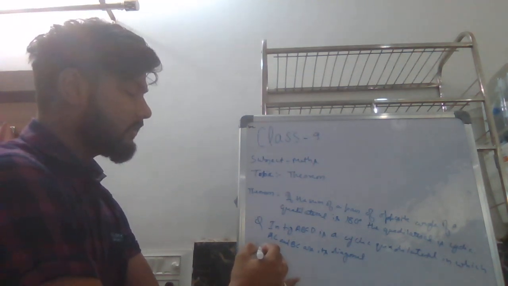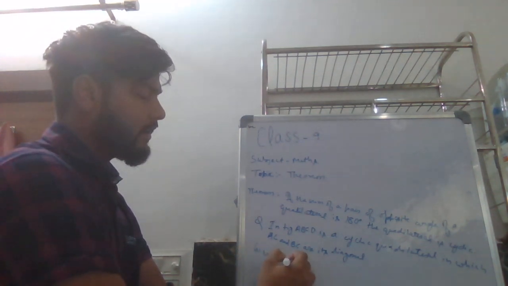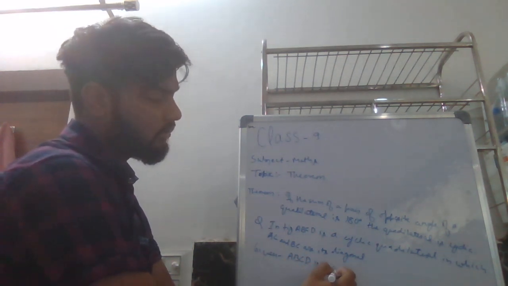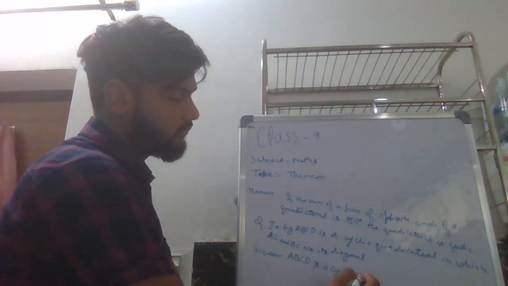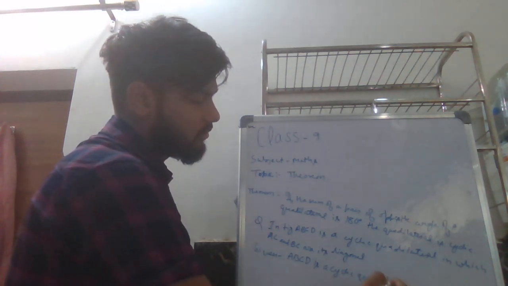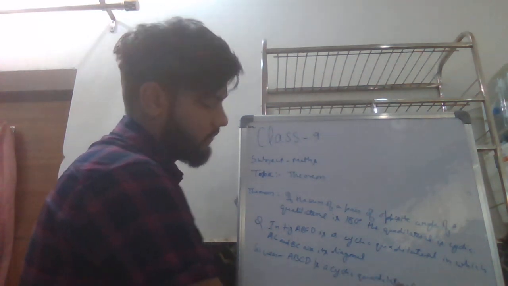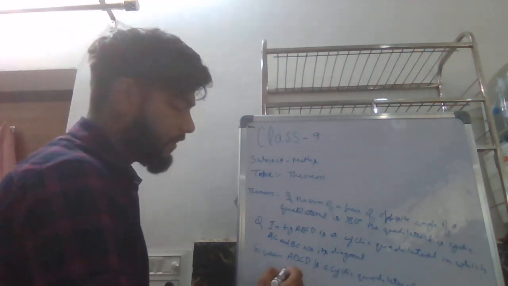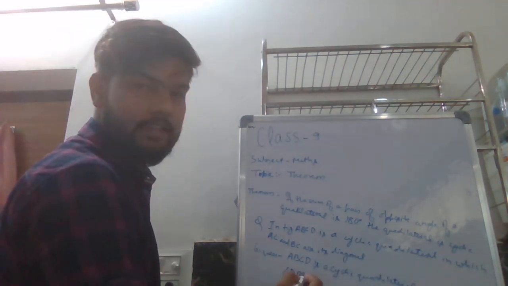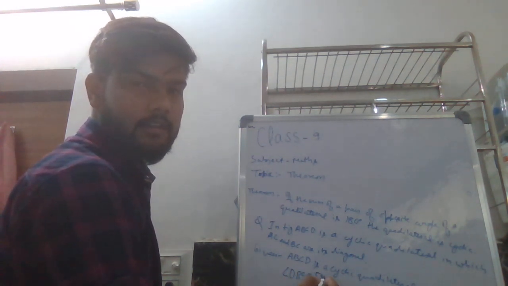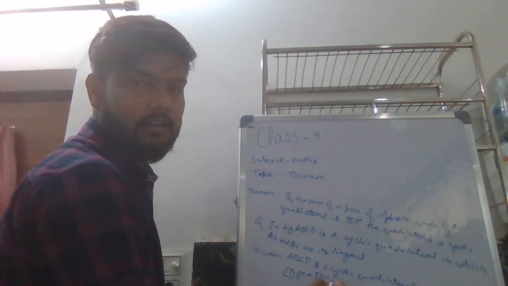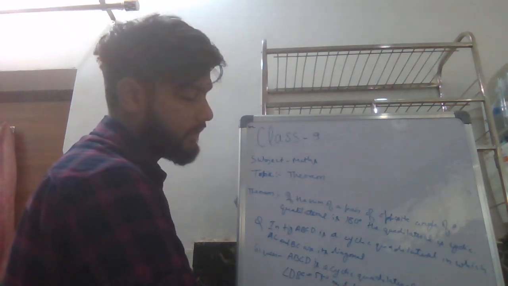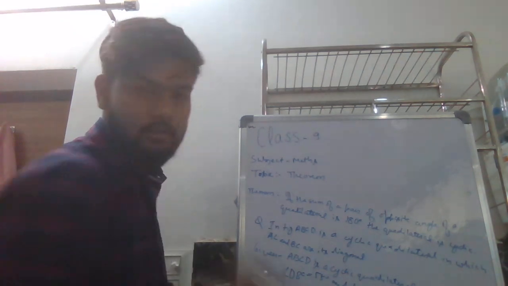Given: ABCD is a cyclic quadrilateral, angle DBC is 55 degrees and angle BAC is 45 degrees.